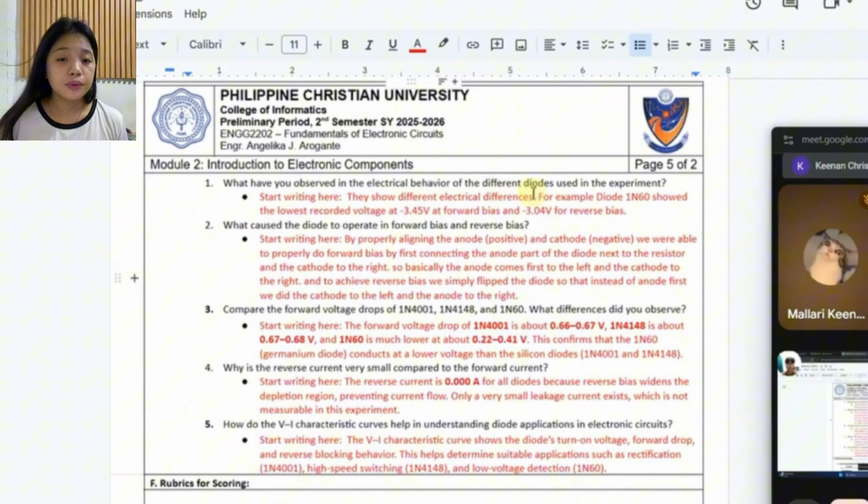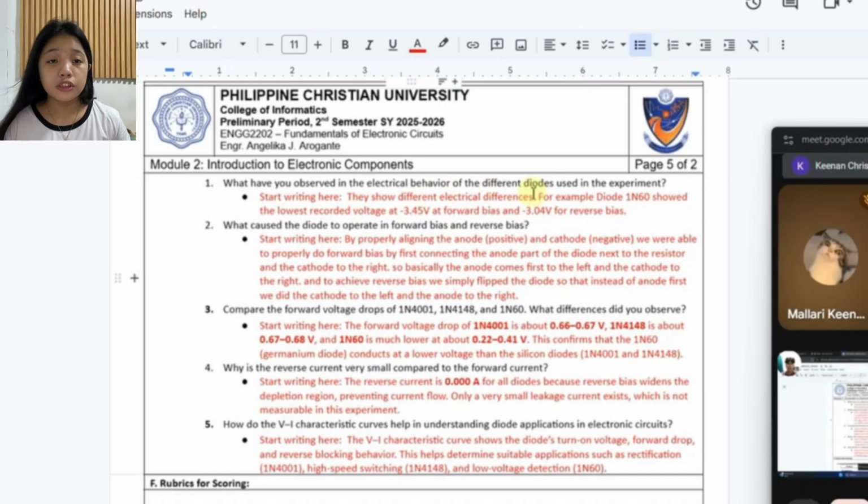For the last question, how do the V-I characteristic curves help in understanding diode applications in electronic circuits? The V-I curve helps us visualize the diode's behavior under different voltage conditions.